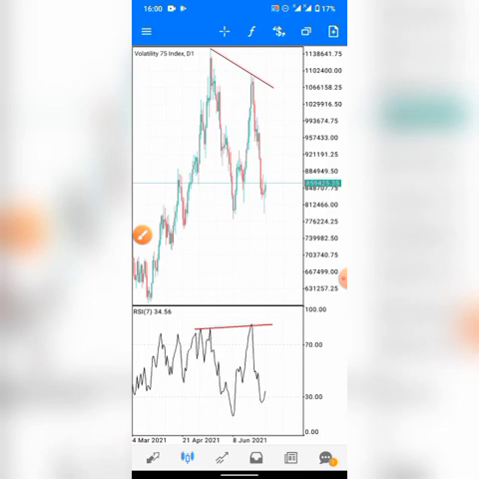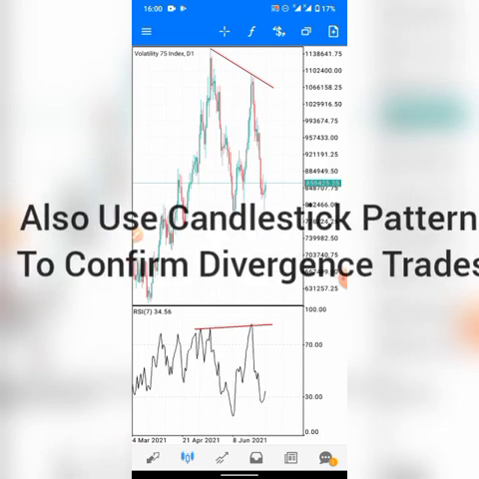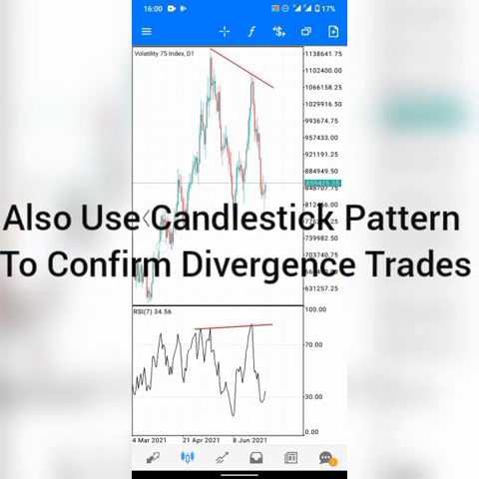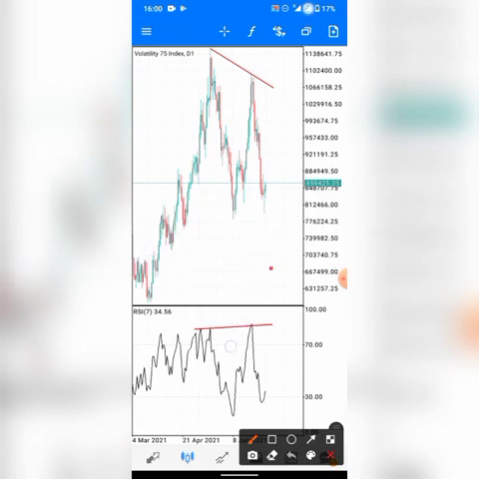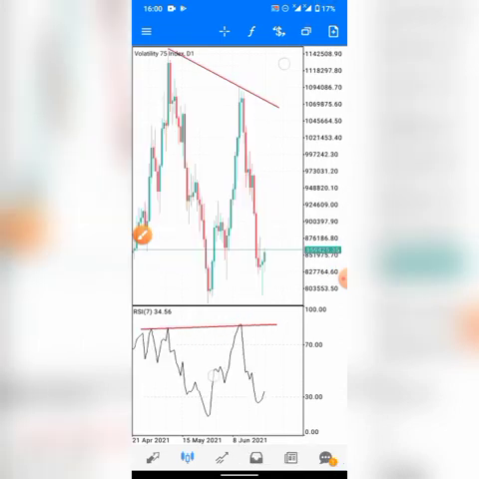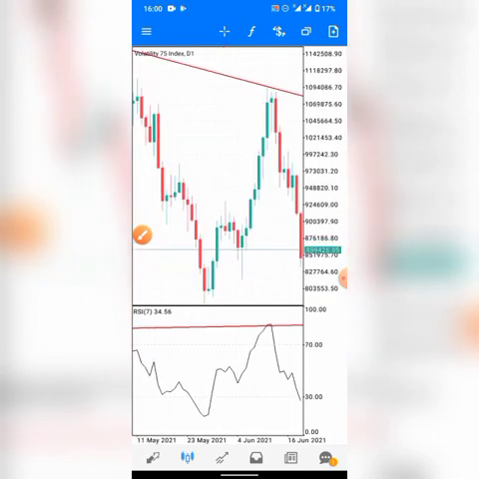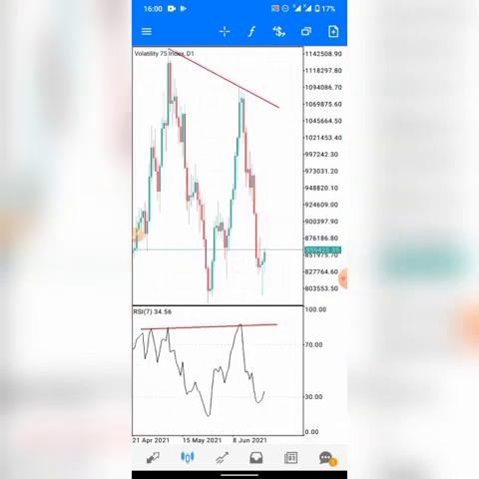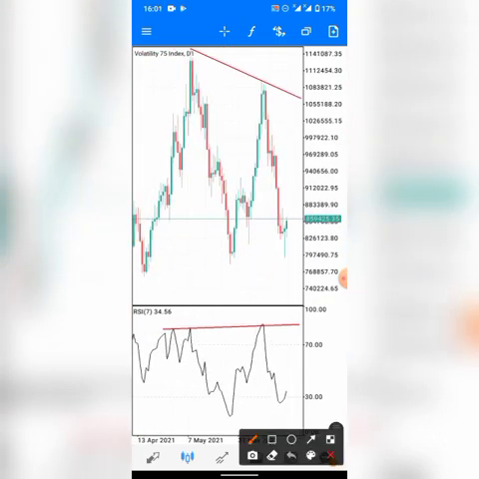What we can also use to confirm divergence is candlestick pattern formation. So let me switch. Let's say on this side an engulfing was formed, or a hangman or a doji, or any of the candlestick formations or patterns formed.